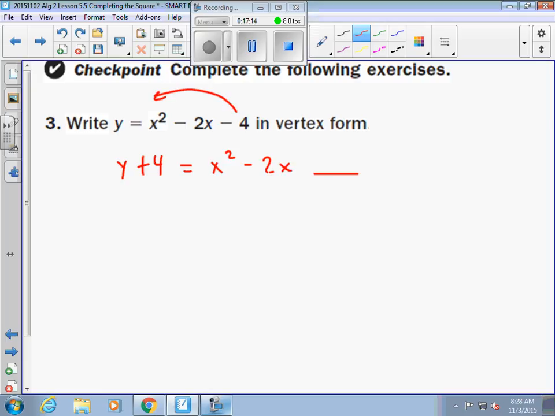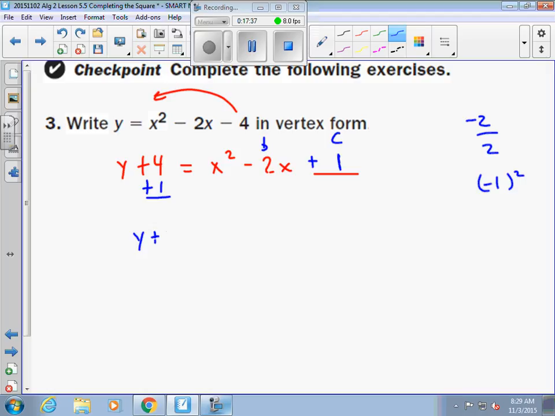When you bring -4 over, it becomes +4 on the left. So y plus 4 equals x squared minus 2x plus c. Got to need to get a new c value. B value is -2. Divided by 2 is -1. Squared is +1. Remember, when you add 1 to one side, you got to add it to the other side.